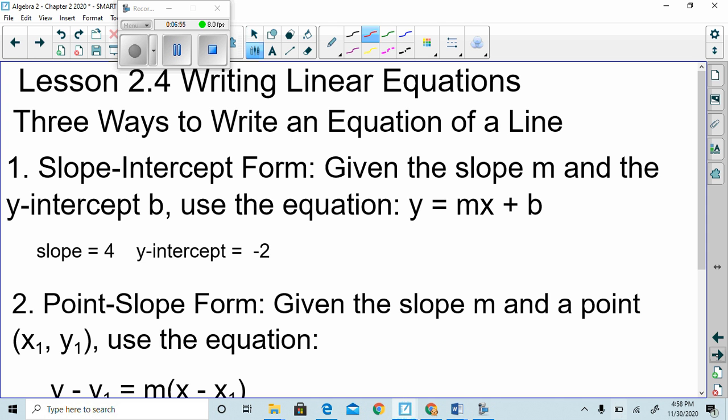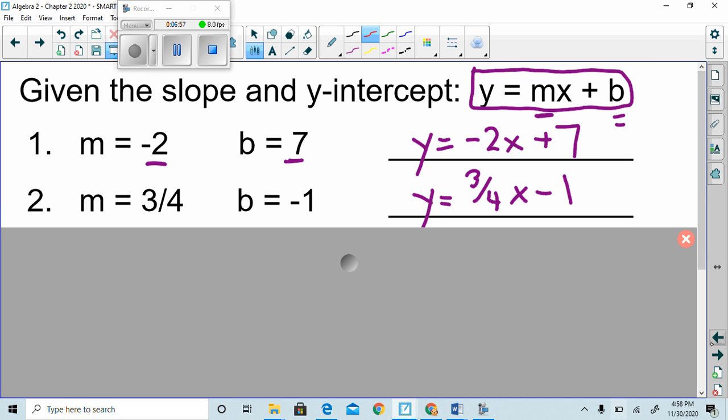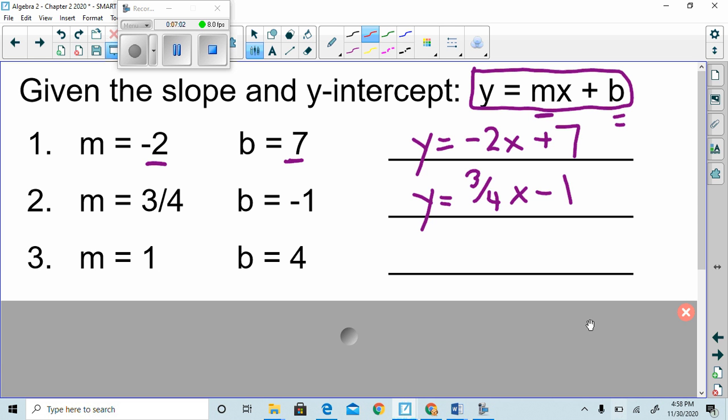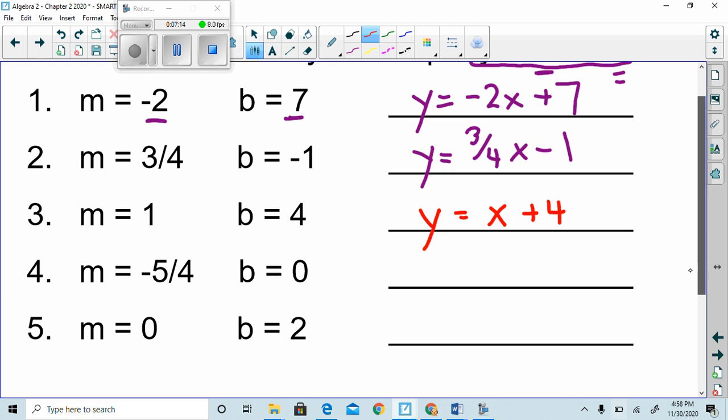I want to go back to the easy ones, which is where we left off last session, and we did the first two. Remember that when I'm looking at this, I'm just giving you the information. So I have y is equal to, well, 1 times x is just x plus 4. Now in the next problem, I see that b is equal to 0, so the y-intercept is at the origin, and that's now y is equal to -5/4 times x.